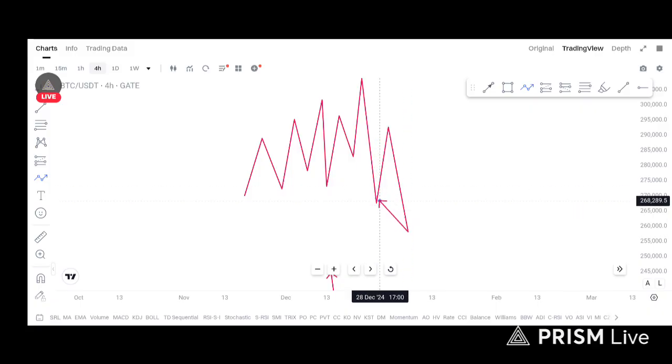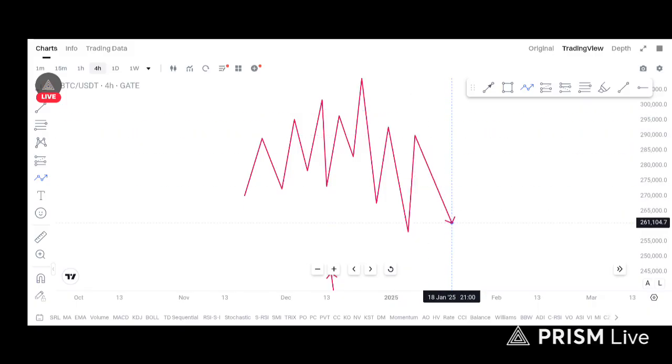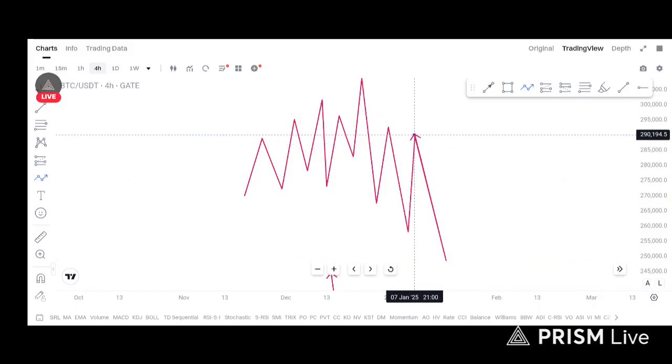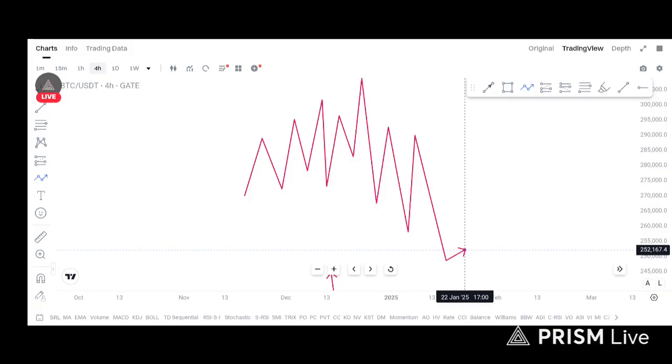So this second break is needed. If you don't have your second break, just don't do anything within this leg. Just wait for the second break for you to confirm that the market is actually going to the downside, before you can now confidently start selling from any point. Okay, that's why you need that two breaks of structure.